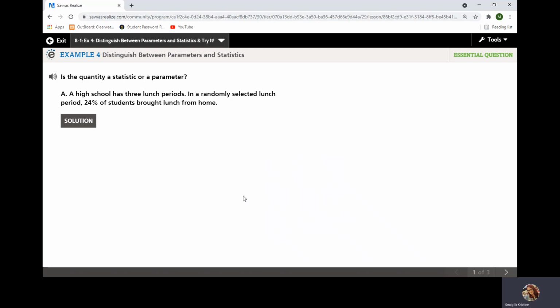So that means the population is going to be the set of all students in the school. When we're talking about that 24%, that describes the sample of the population. So that 24% is a statistic.